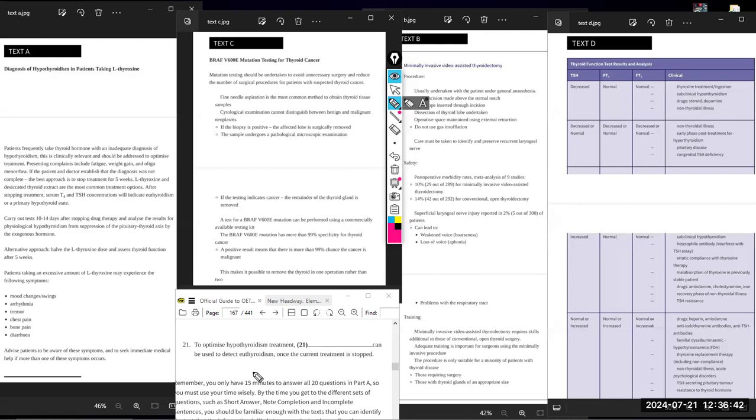The answer is serum T4 and TSH. That is awesome. Text A. Thank you so much. This is euthyroidism, I'm sorry if I didn't say that correctly. This is the keyword I have to search for. This is treatment, and this is treatment. So this is the correct answer.